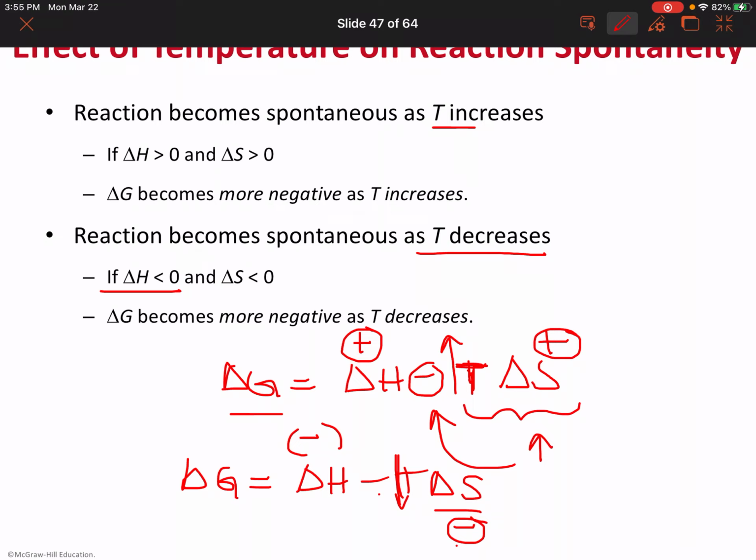The temperature is going down, so the T delta S term becomes less. Delta H is negative, and the T delta S term becomes less positive. Since the temperature is going down, delta G becomes spontaneous, less than 0, negative. It is more negative as the temperature decreases with these conditions.